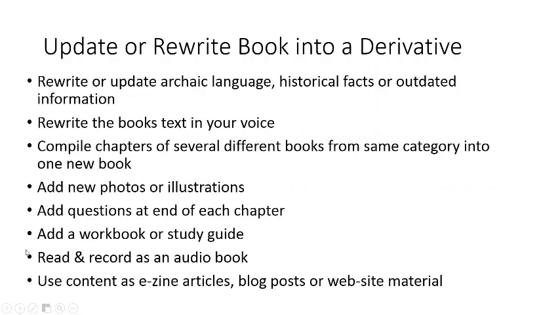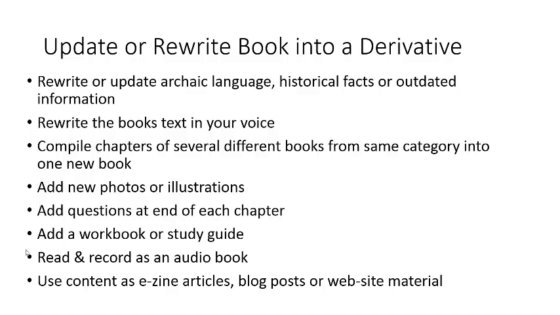Now, when you find a book that's in the public domain, what you need to do is update or rewrite that book into what is called a derivative. I've mentioned derivative at least half a dozen times in this presentation.